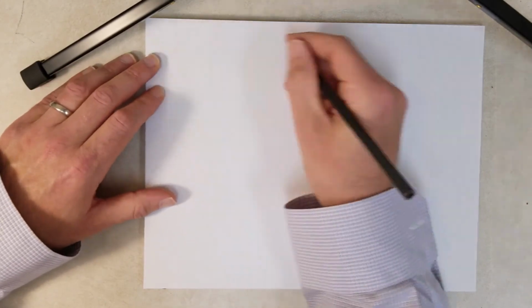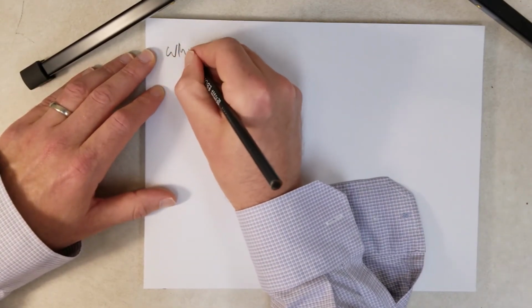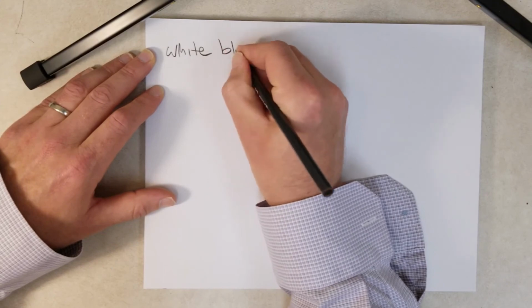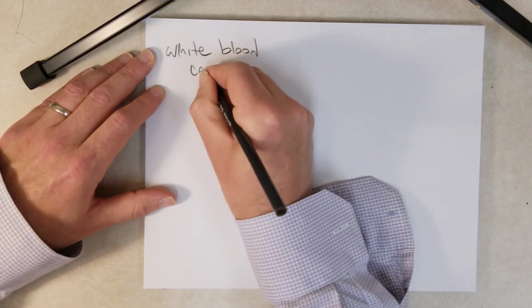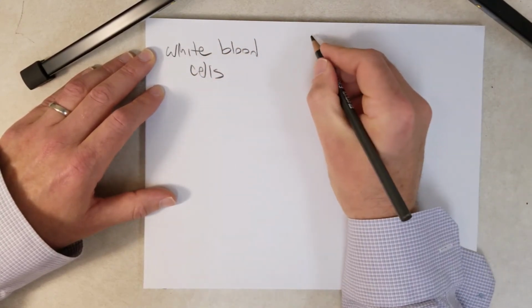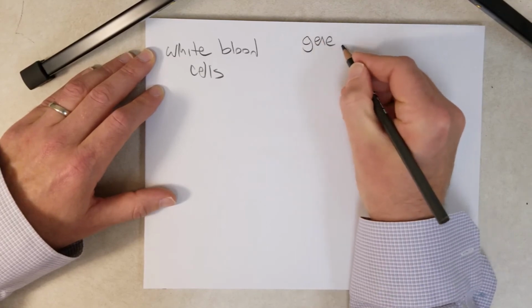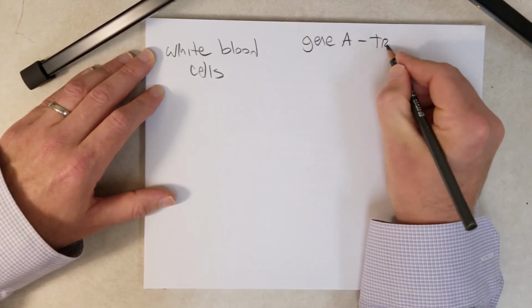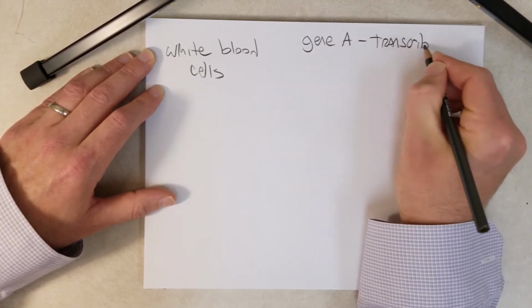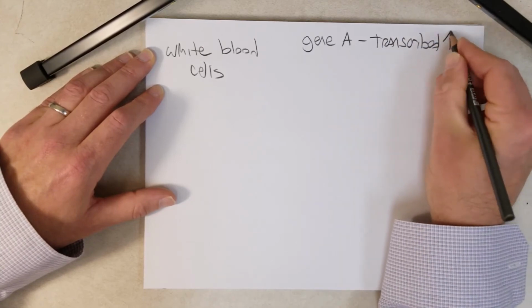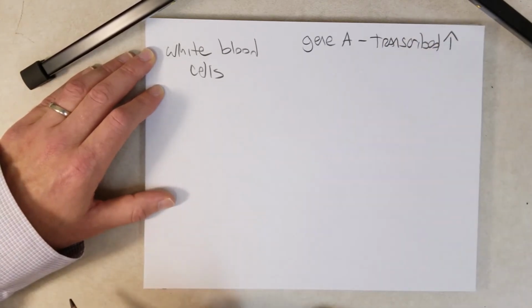So here's an experiment. Let's say we are curious about white blood cells. We have 2 genes. We have gene A, which is transcribed at high levels. Transcribed high, the up arrow is for high.